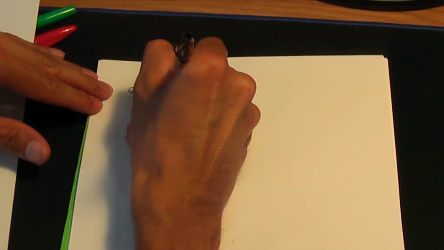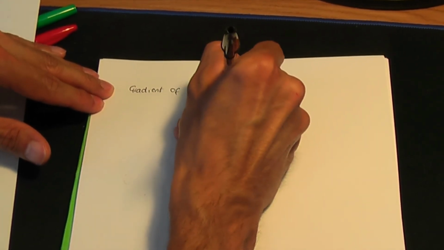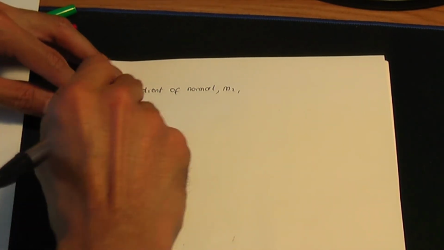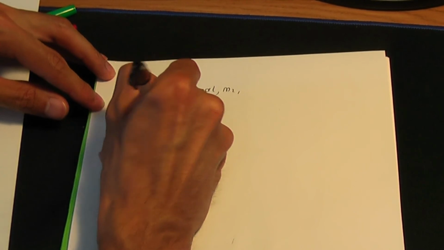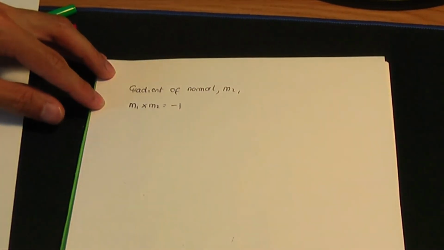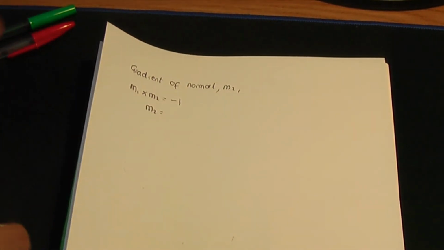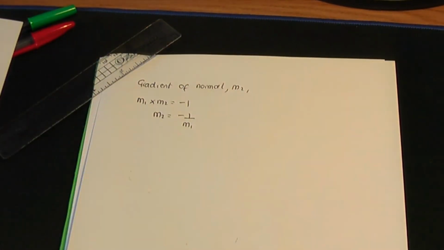Let's use a fresh page. Let's use that result to work out the gradient of the normal. And I usually call my normal gradient m2. Since the tangent and normal are perpendicular, the product of the gradients m1 and m2 equals -1. So m2, the gradient of our normal, is going to be -1 over m1 if I rearrange this.